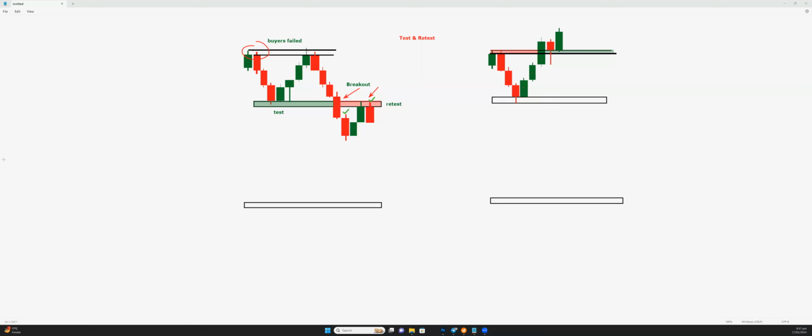Now here, this situation has not happened. What happened? One breakout in the upper direction, and at the same time on the next candle, one breakout happened in the down direction. And I am calling it one breakout, second breakout.